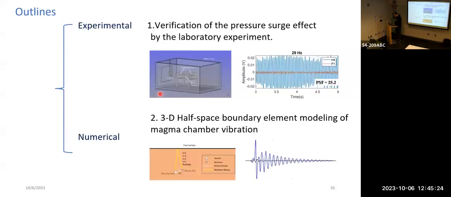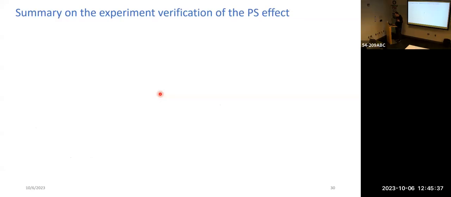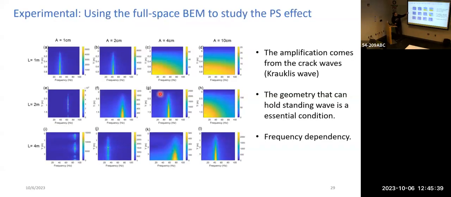Okay, I'll move on to the numerical part. The reason why I did the numerical part is because I failed in the simulation. You can see from my previous simulation, I just stopped at 1 centimeter aperture. That is the maximum aperture of our experiment, because when I shrank the aperture, I failed to get a reasonable result.